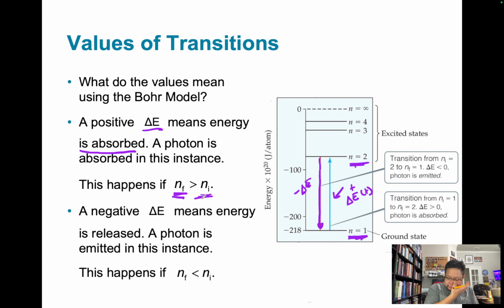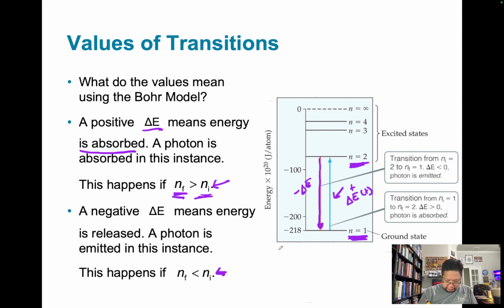Oh yeah, and this one here is only for the absorption. During the release or the emission, right here, it's going to be the opposite, right? Where the final one, which is this one right here, will be less than the initial one, which is here, right?